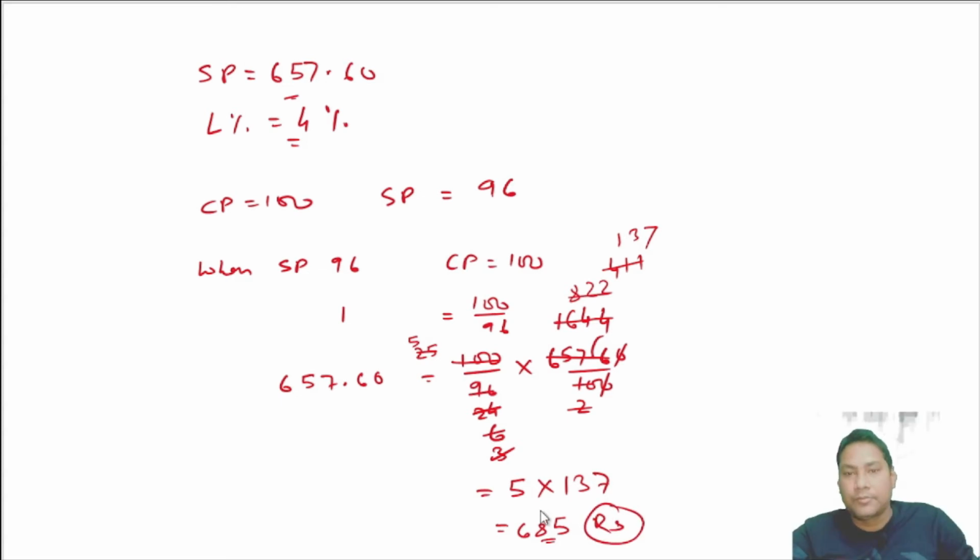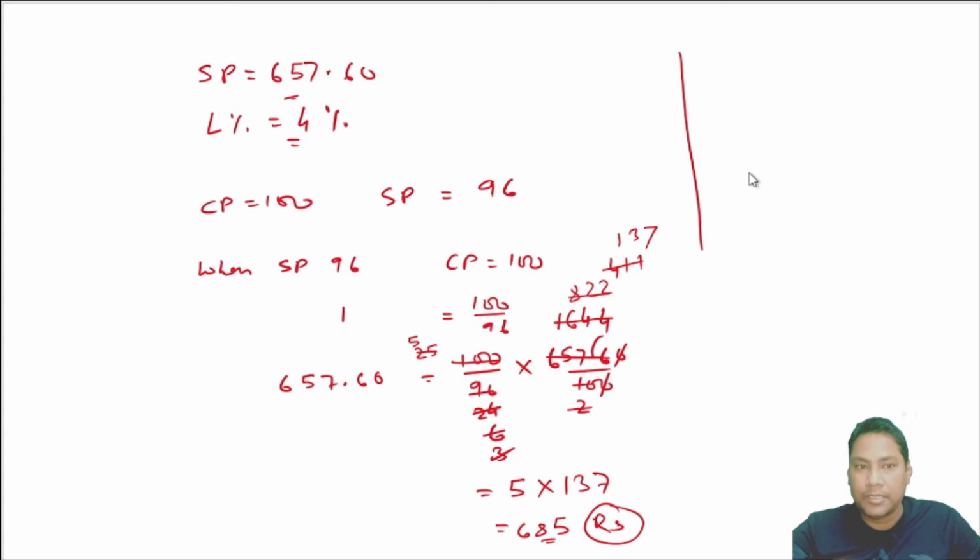So we calculated the cost price, that is 685. Now we'll solve this by our formula basis. Cost price equals 100 divided by 100 minus loss percentage, multiplied by selling price.